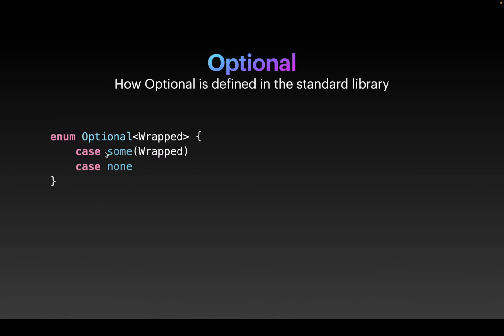First is some, which means that thing actually contains some data, and second is none, which means it doesn't have any meaningful data inside. And Wrapped here is the associated data. If you recall from the previous lecture when we talked about enums, each enum case can have associated data, and this is associated data.